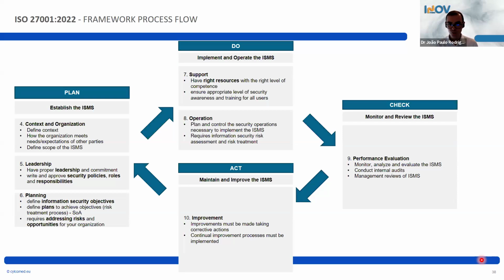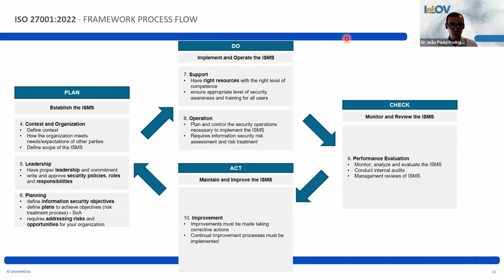And for each control, the organization must say for each of the assets what they implemented. And if they did not implement some controls, they have to say why. So this is a very important document. And it requires addressing the risks and opportunities to the organization.